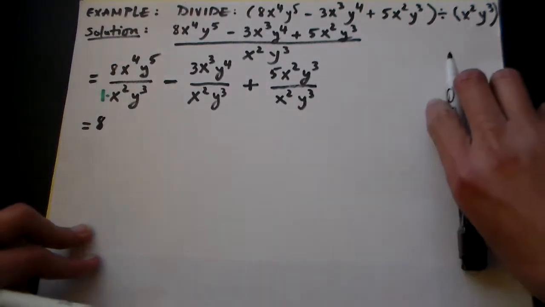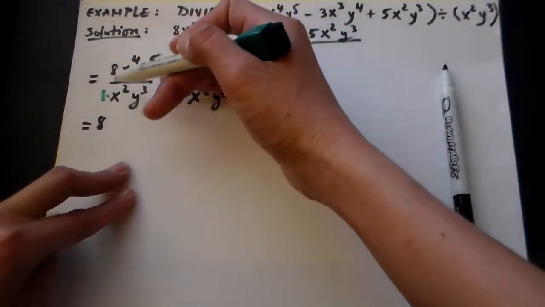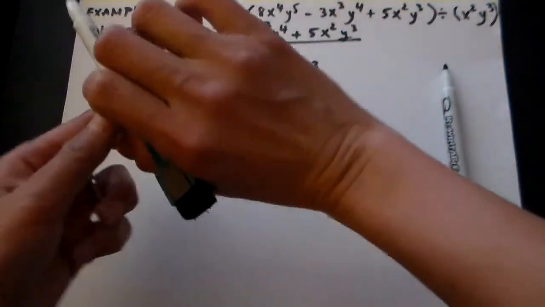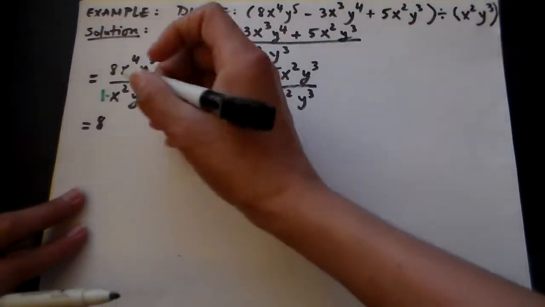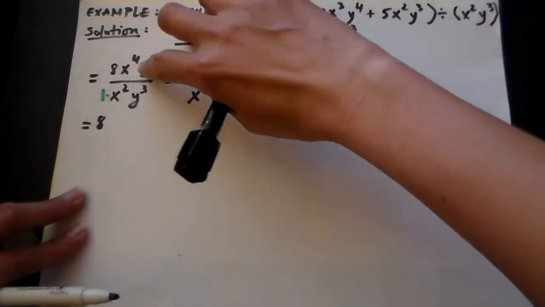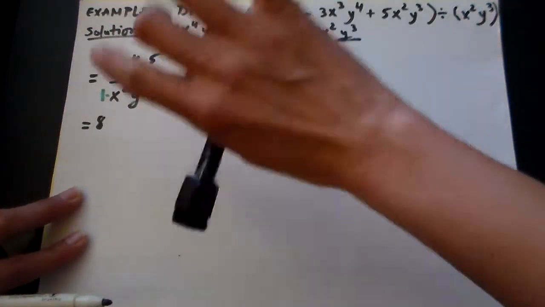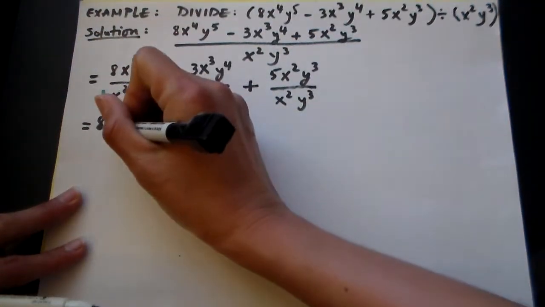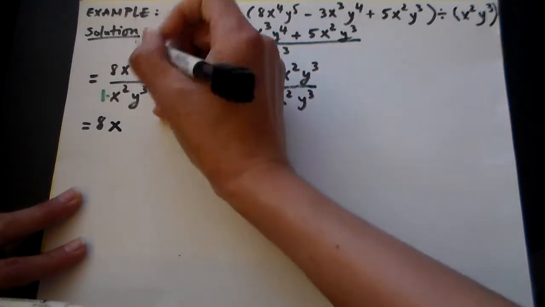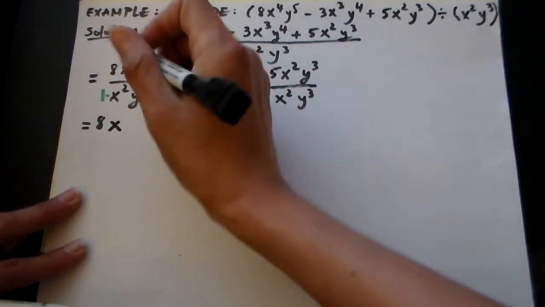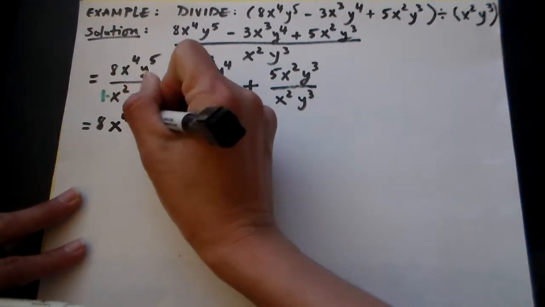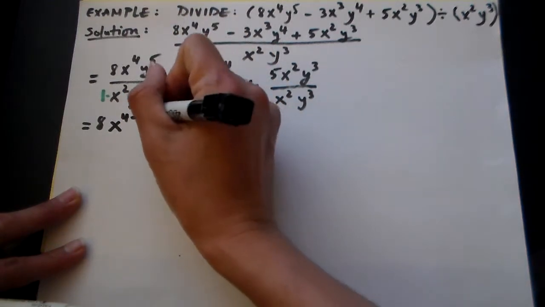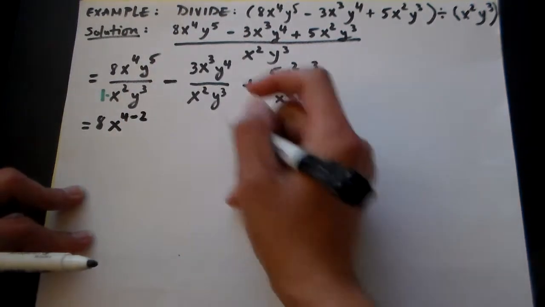Okay? Now for the variable x divided by x, to divide this variable, make sure you divide the same variable together. So x, same base on top. When you divide, you take the top power 4, subtract the bottom power 2 of x.